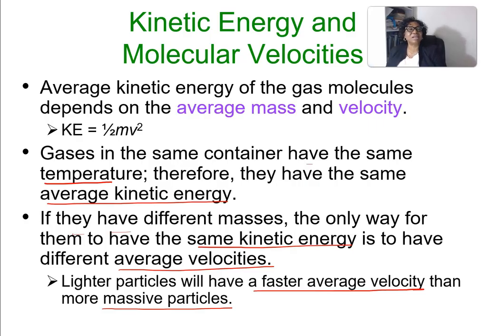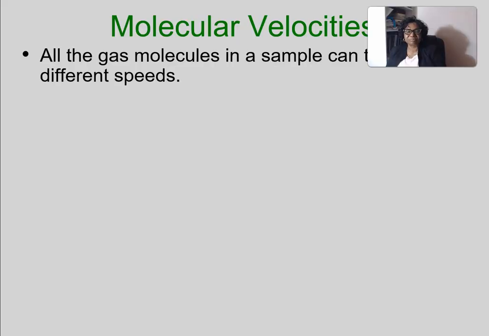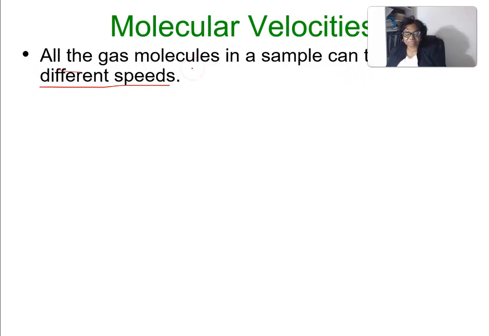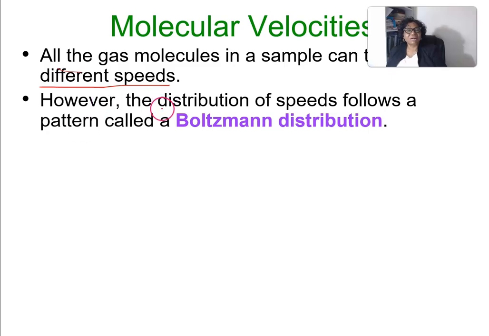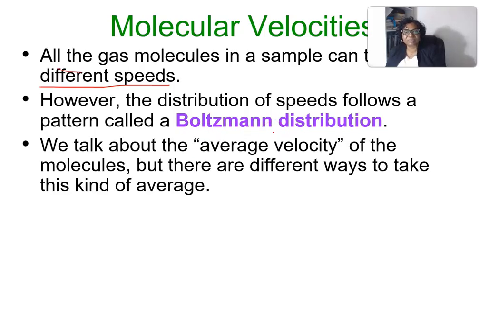So let's examine molecular velocities. All the gas molecules in a sample can travel at different speeds. However, the distribution of speed follows a pattern we call the Boltzmann distribution. We talk about the average velocity of the molecules, but there are different ways to take this kind of average.